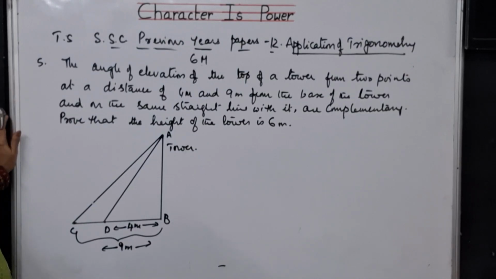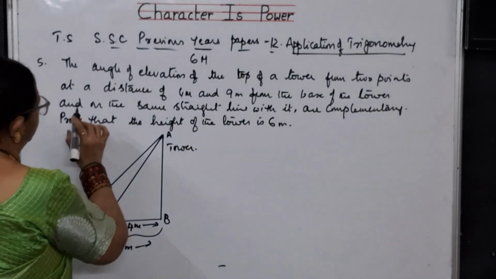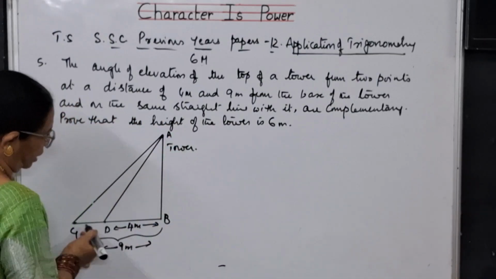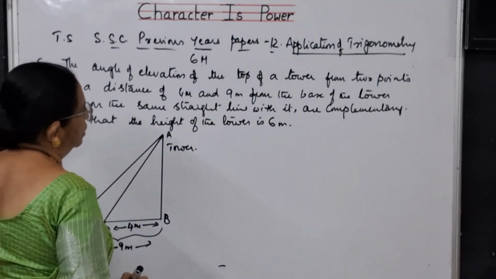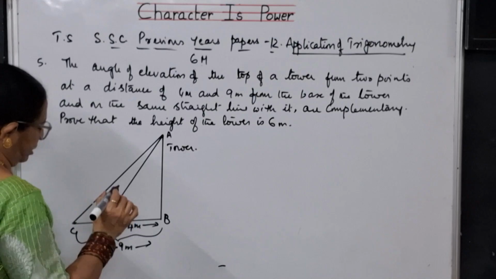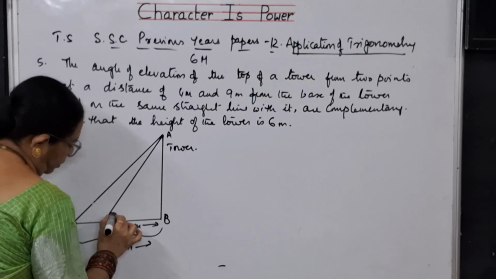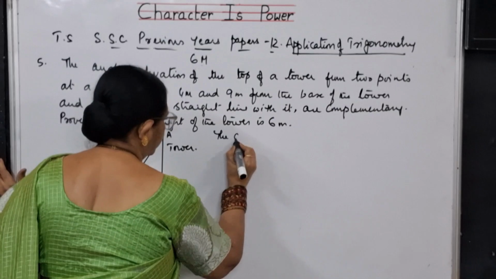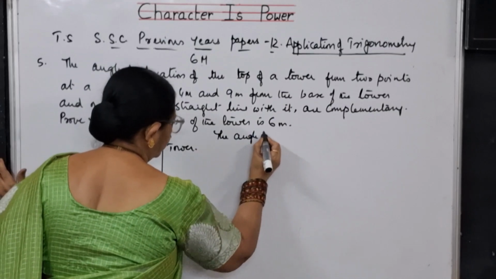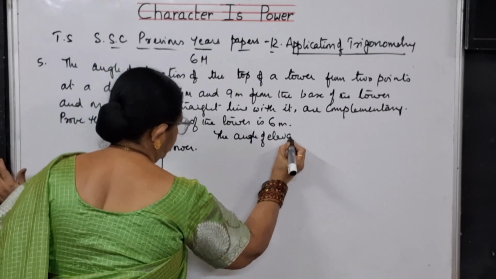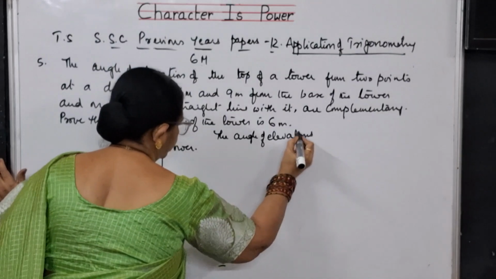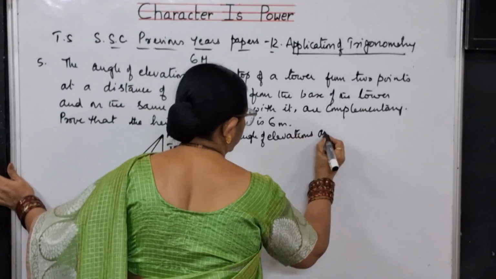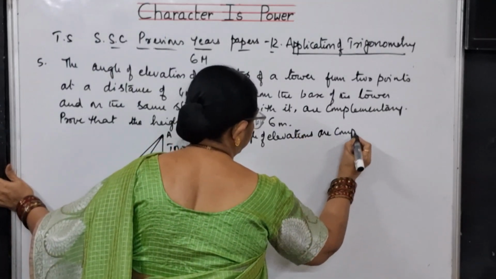4 meters and 9 meters from the base of the tower and on the same straight line. They are on the same straight line with it, and the angles are complementary. Complementary means the angle of elevations are complementary. So what is given to us? The angle of elevations are complementary.